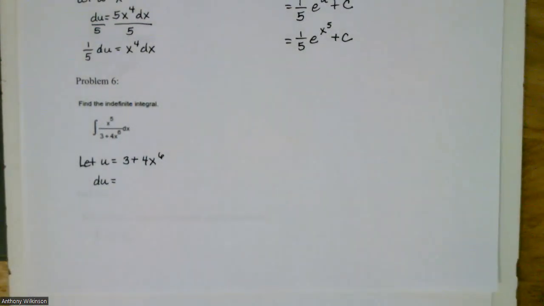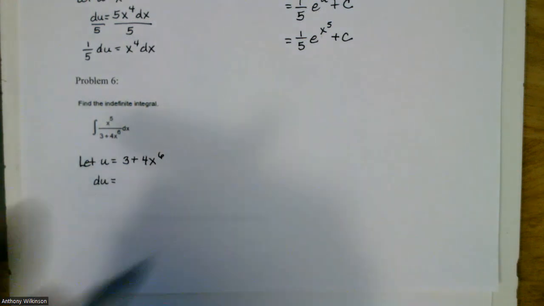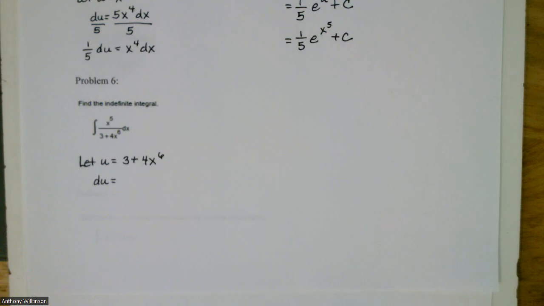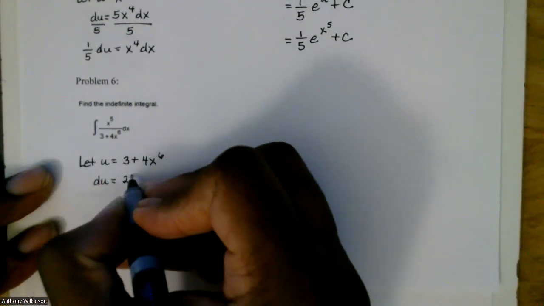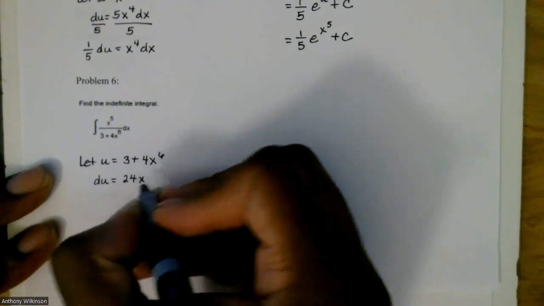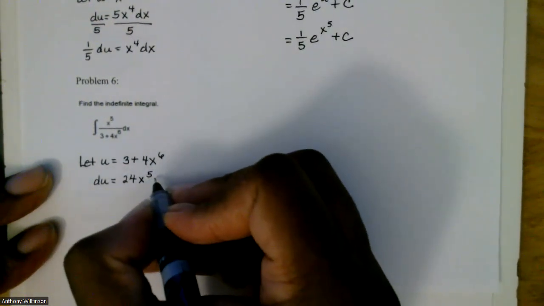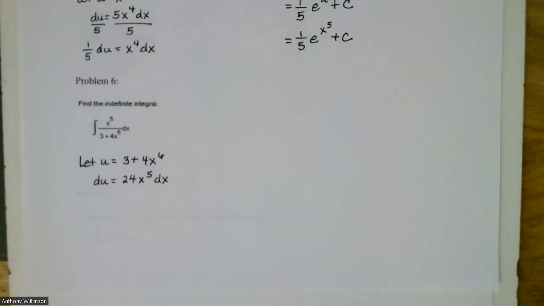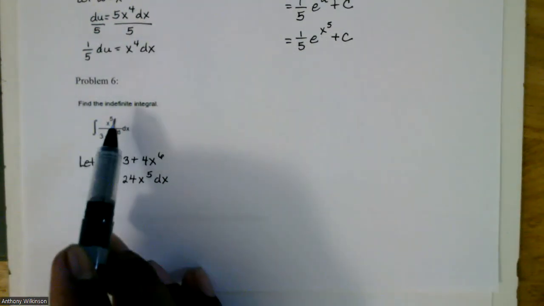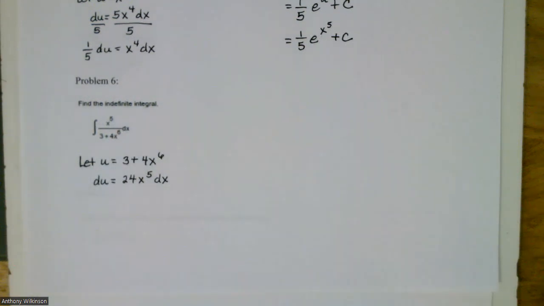And then we can find out what du is going to be. So the derivative of u, the derivative of 3 is 0. The derivative of 4x to the 6 will be, bring the 6 down, multiply by 4, you get 24. Copy the x down to the 1 less power. So it'll be 24x to the fifth dx. But if you look at that problem, you have only x to the fifth dx.